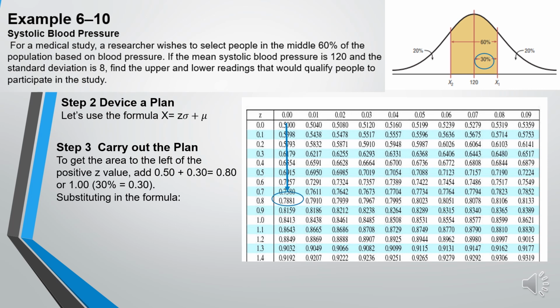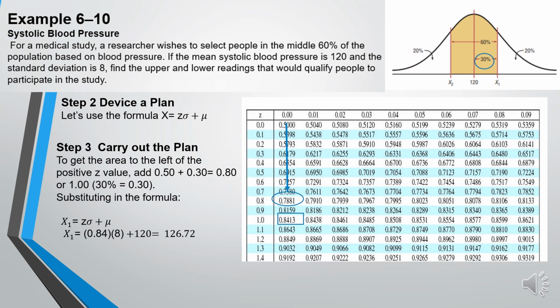The value of 0.80 is 0.7881. So if the specific value cannot be found, use the closest value. In this case, we are going to use the 1.00. So the value of 1.00 in the table Z is 0.8413. So by substituting in the formula, we are going to find the x sub 1.